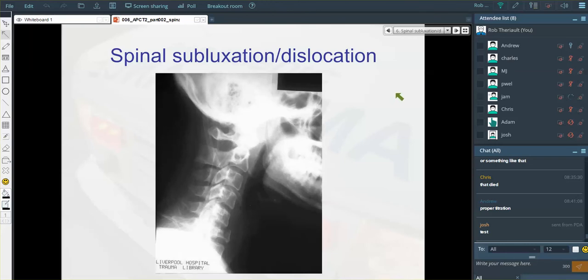So, if you look at this X-ray of the C-spine, this is C1 and C2. Can you see where the subluxation has occurred? Which level? No, it's not C1, C2.